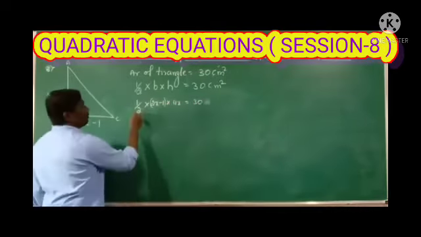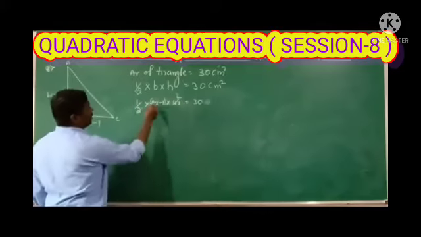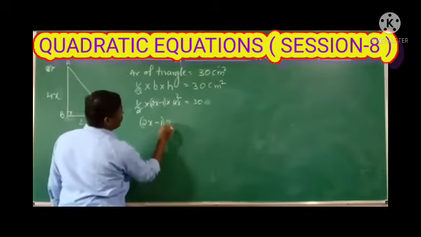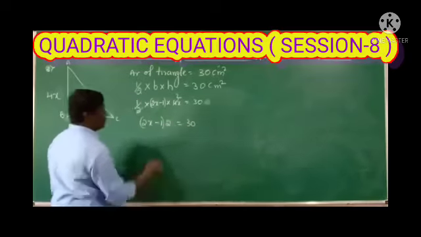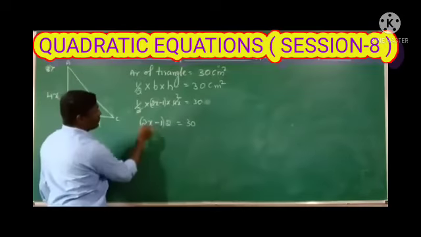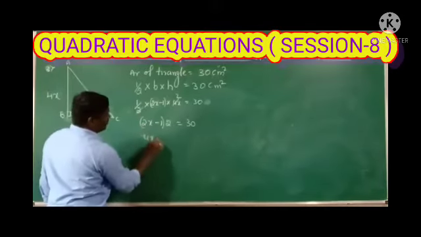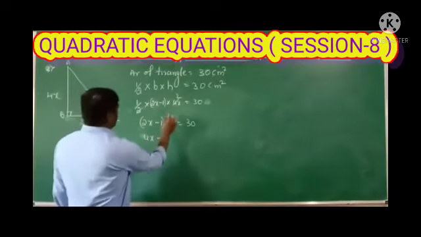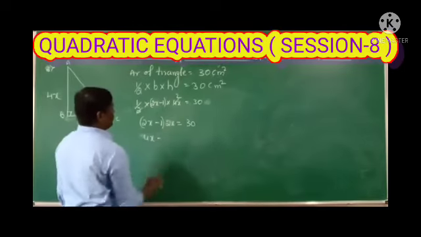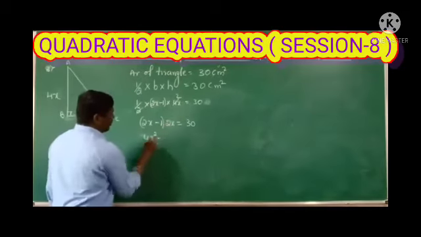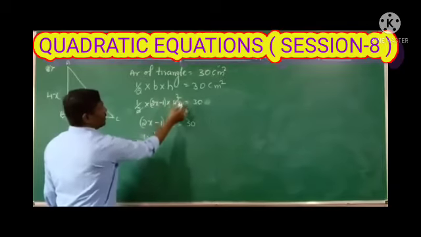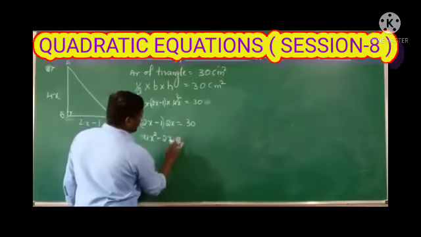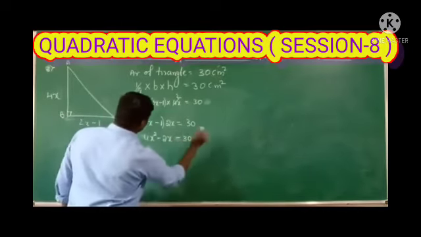Okay, 2 ones are 2, 2 twos are 4. So remaining is 2x minus 1 into 2, which is equal to 30. 2x into 2 is 4x, and 2x into 2x is 4x square. Next one, 2x into minus 1 is minus 2x, minus 30, which is equal to 0.